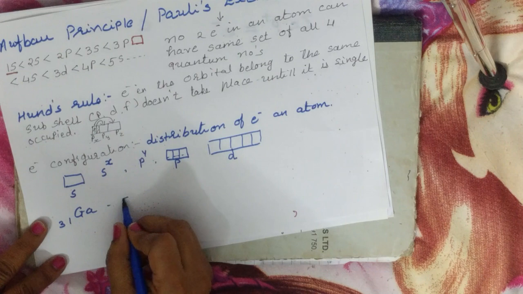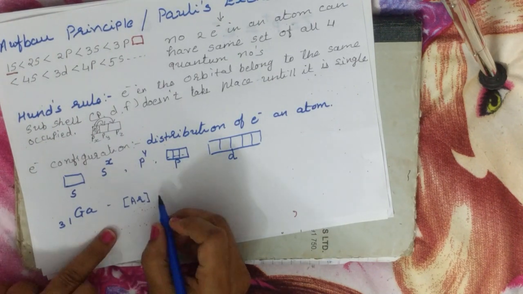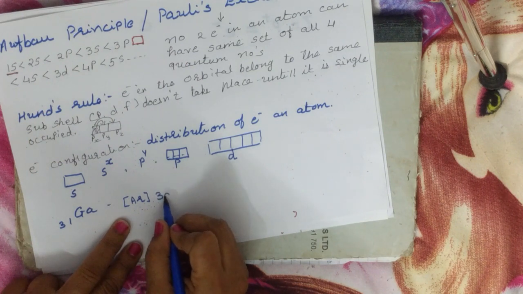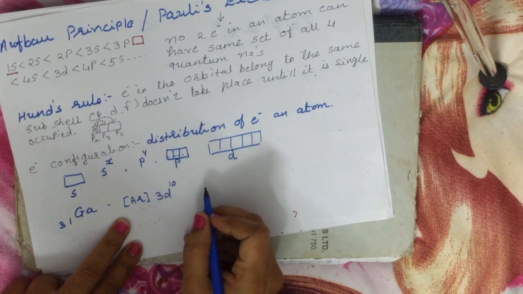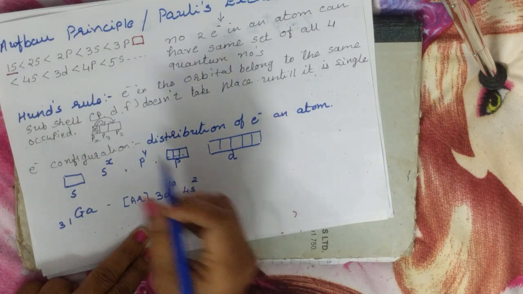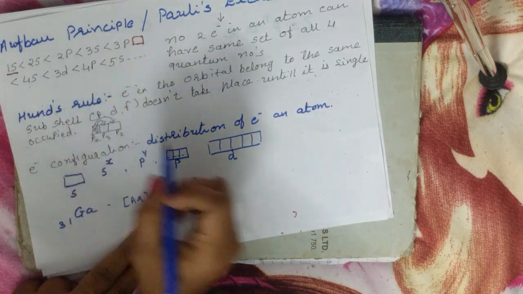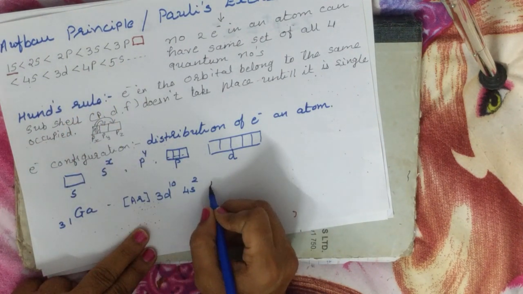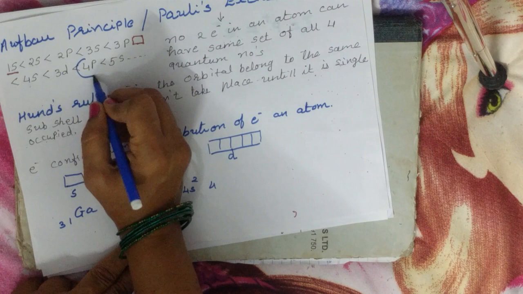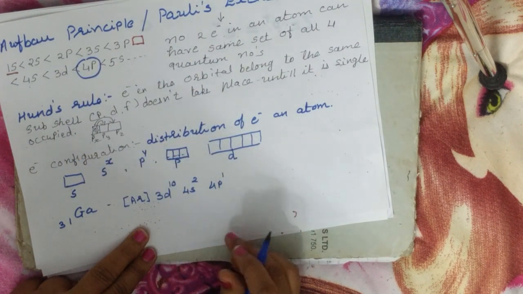So here you can write argon, that is 18, then 3d10 means 28, 28 plus 4s2, so this is 30, and then you have 31 means 4p, where only one electron can be accommodated.